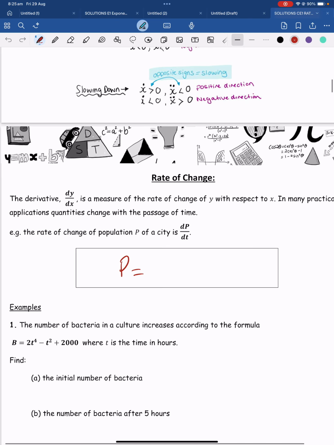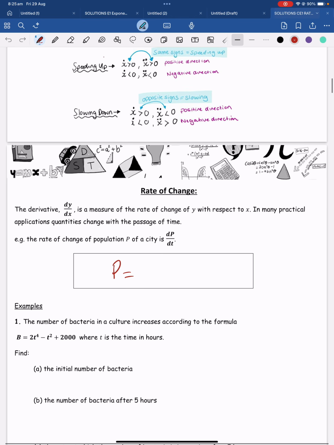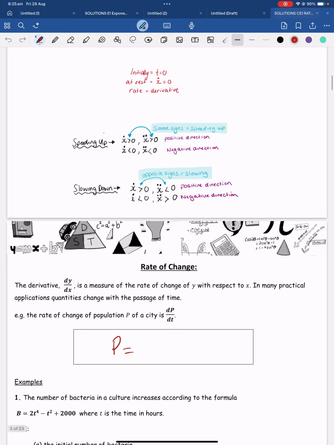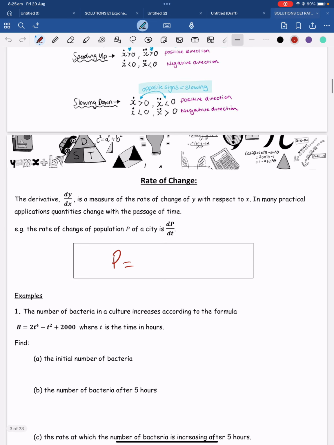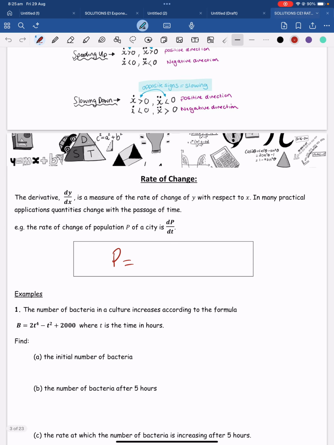Okay, so first thing we're going to look at is rates of change. So again, as my summary up here said, that rate, remember, it means derivative. So the derivative dy/dx is a measure of the rate of change in many practical applications. The rate of change we can look at, in this particular case, the population of a city with respect to time, we'd be dP/dt, okay?